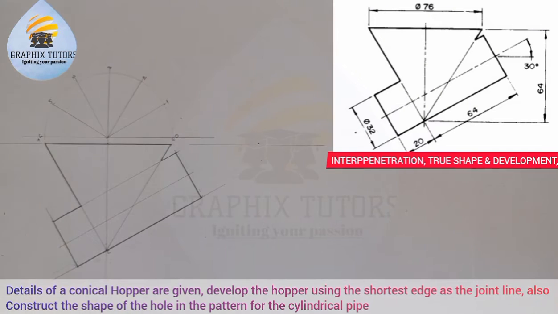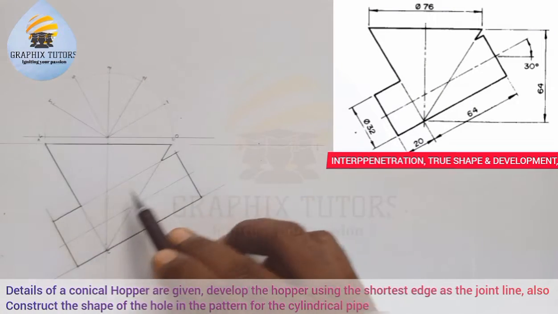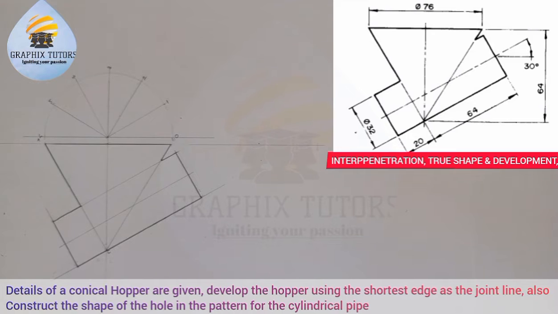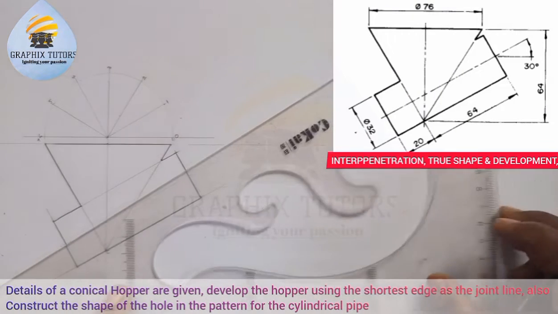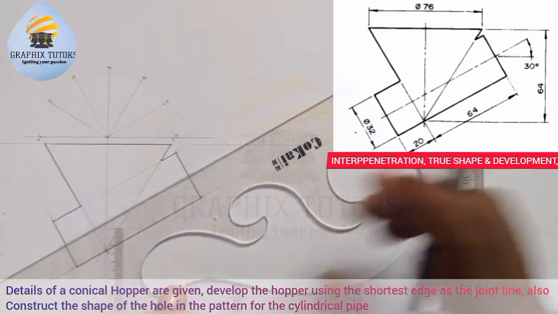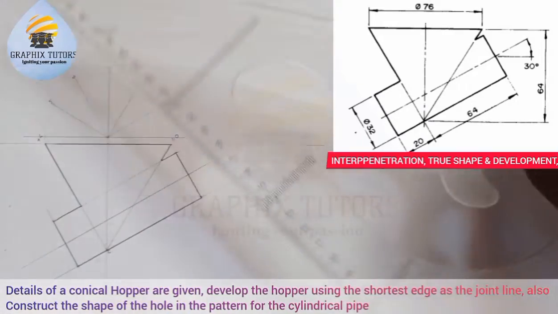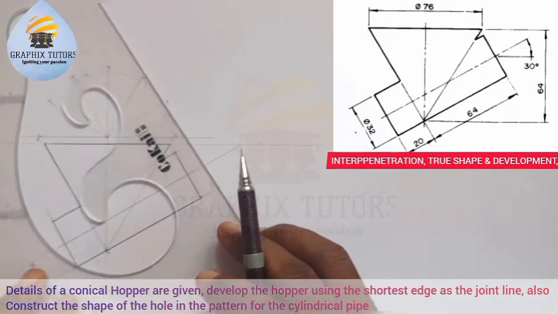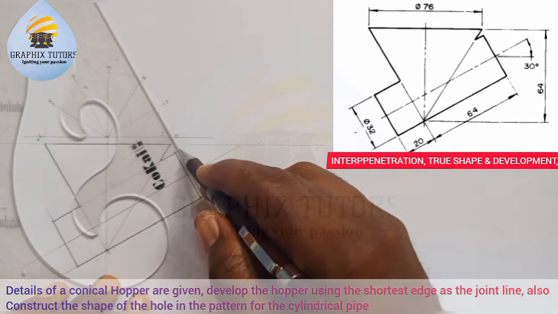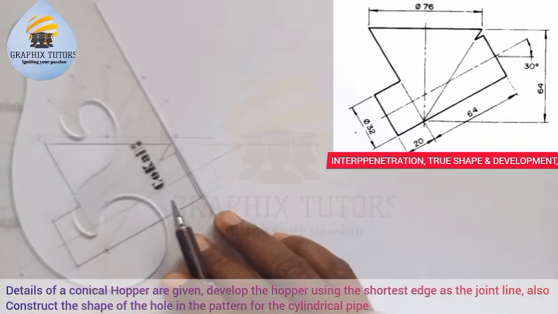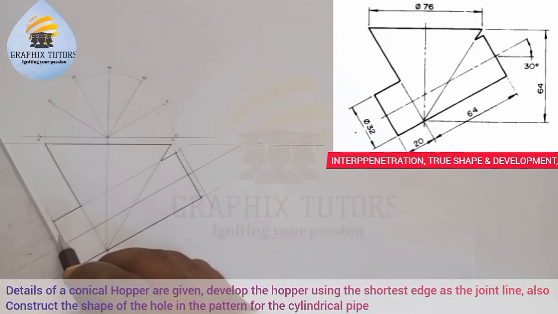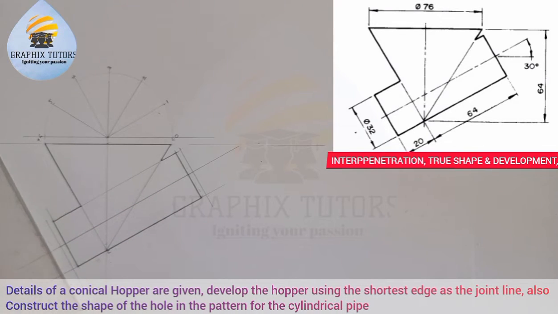Similarly, what I did here, I'll do at this cylinder here. So I can easily extend this a little bit, and I'll draw a line close to it this way. And I'll do the same thing here too. That is where I'm going to draw my semicircle.